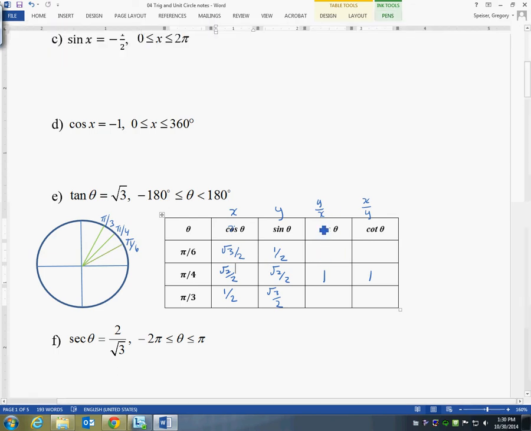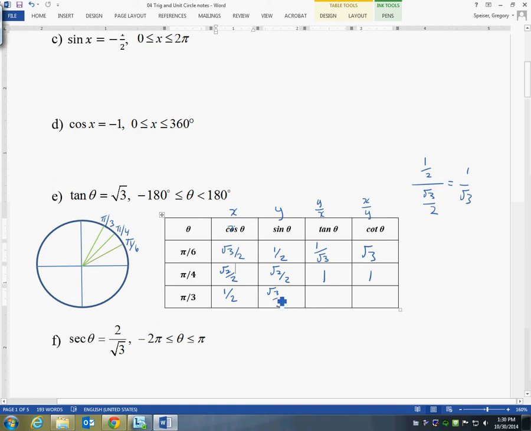So my sine over my cos is 1/2 over root 3 over 2. Instead of doing a complex fraction, you multiply both the top and the bottom by 2, and you get 1 over root 3. Cotan will be the reciprocal, so that's root 3.